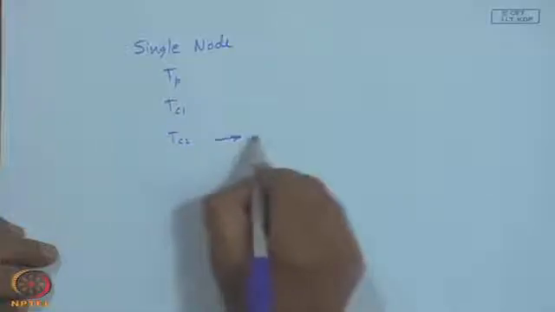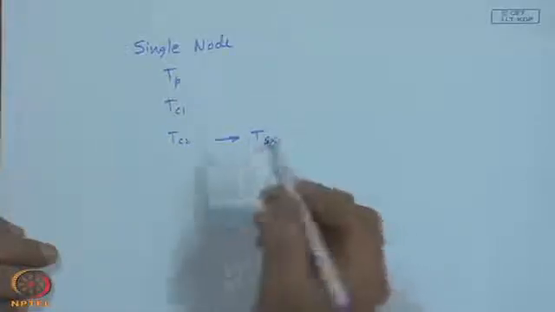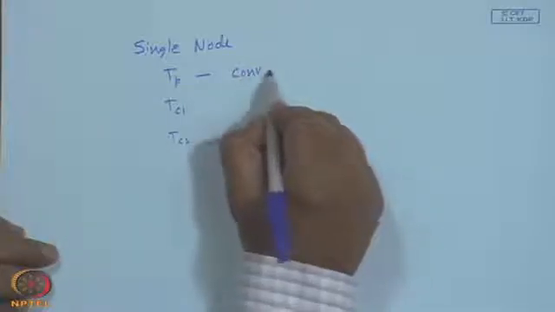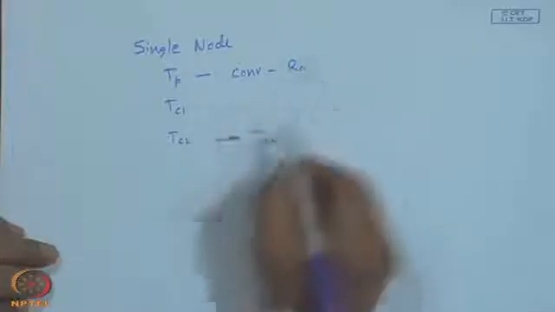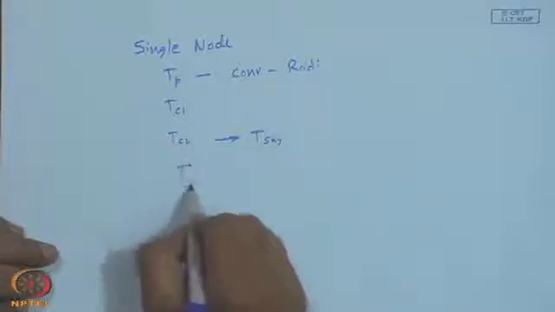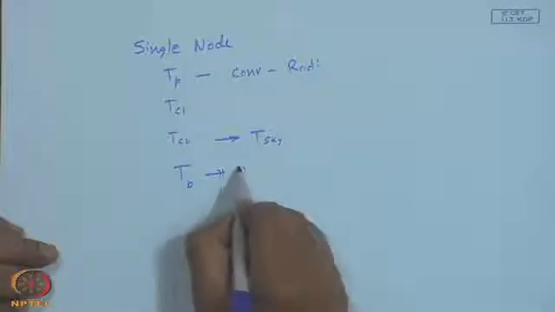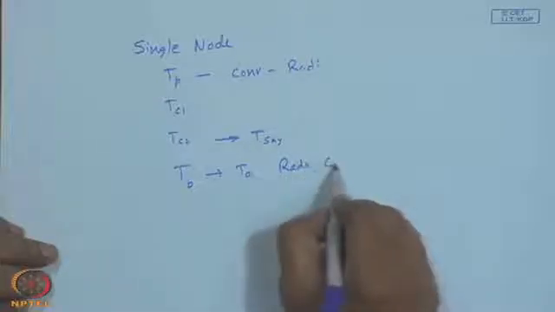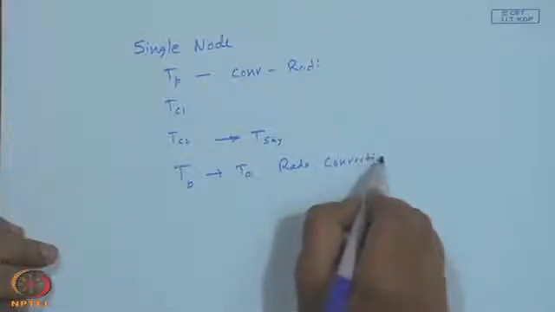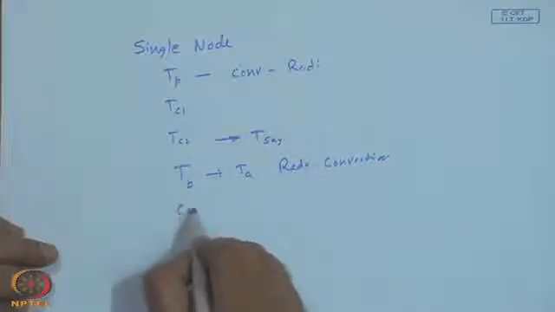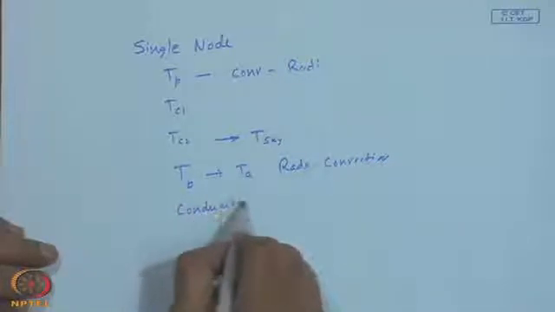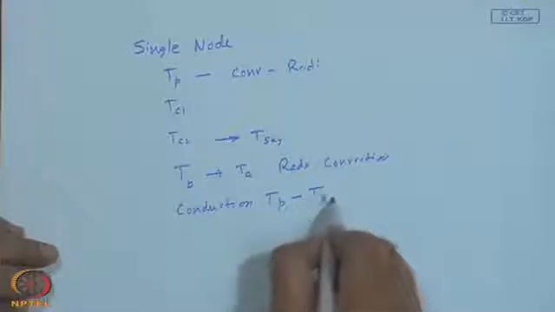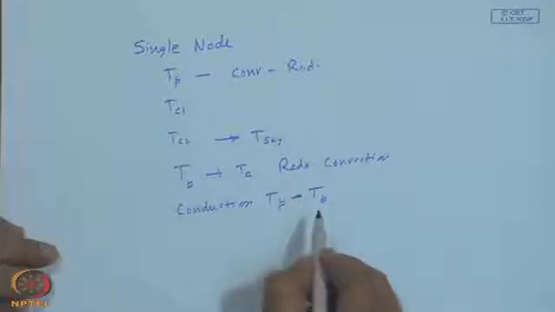From here it loses by radiation to T sky, and there are parallel convection and radiation, and then the back temperature Tb to Ta, radiation and convection, and by conduction from plate temperature Tp to Tb, right.